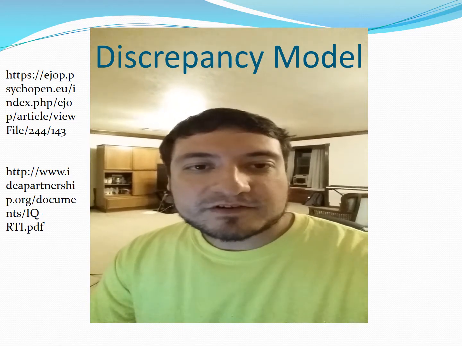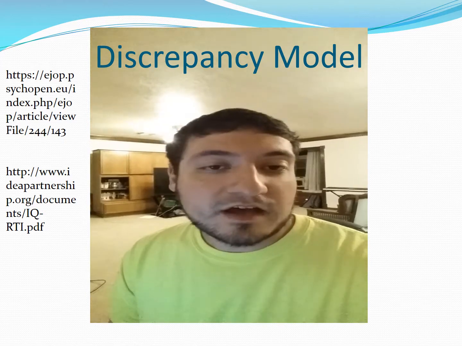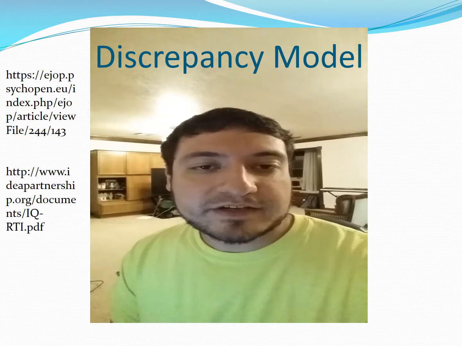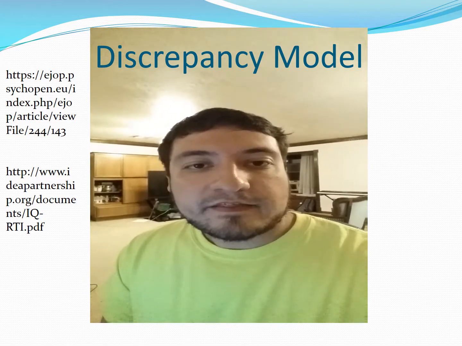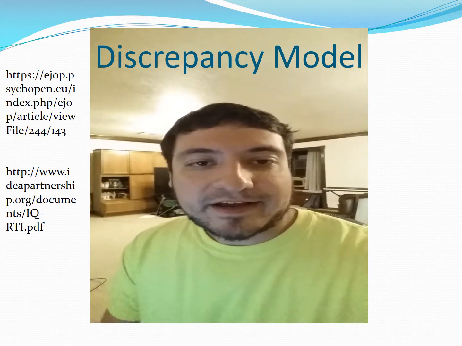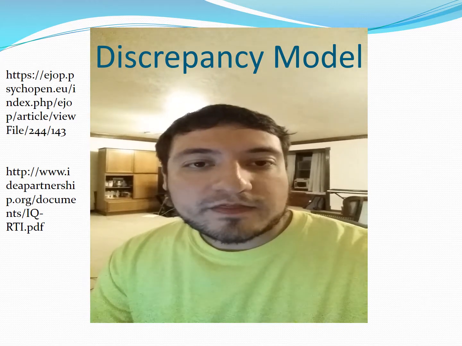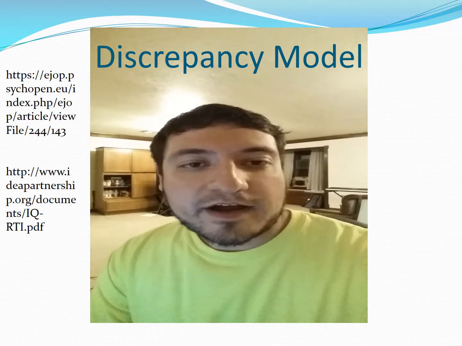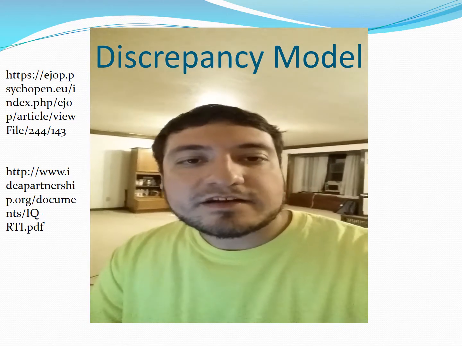If the difference between the two tests is 2 standard deviation points or more, which equates to 30 points or more, then they are determined to have a learning disability. They are then tested for what that learning disability is and why they have it, and what, if any, special education they need.